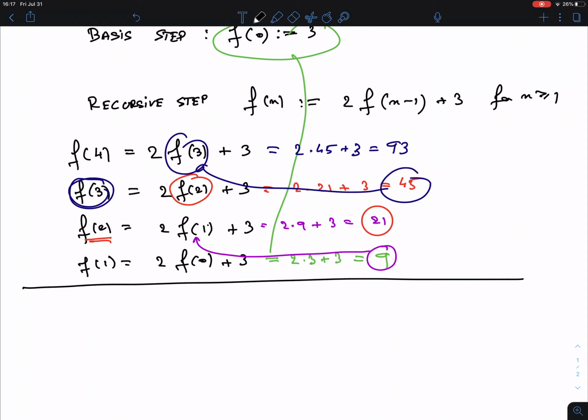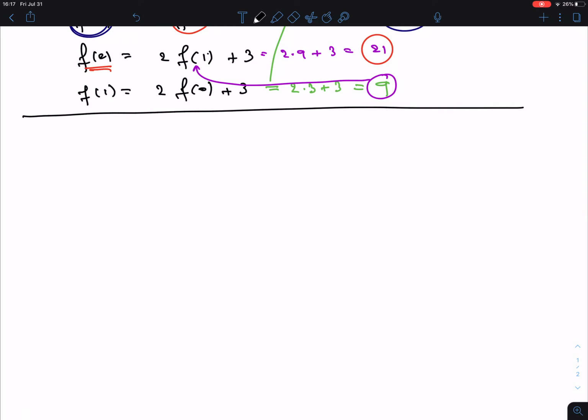As in strong induction, it's not going from a value to the next value, but going from all previous values to the next value. So if we now think from the perspective of looking downwards, what does it mean? If I'm trying to find a function at the value n, I don't necessarily need to go to the previous number. I could go to the second previous number or the third previous number, or perhaps all of them. Not all of them, but a couple of those. So here's another recursive definition.